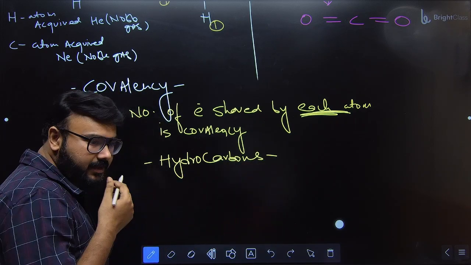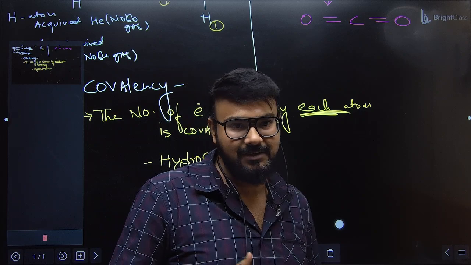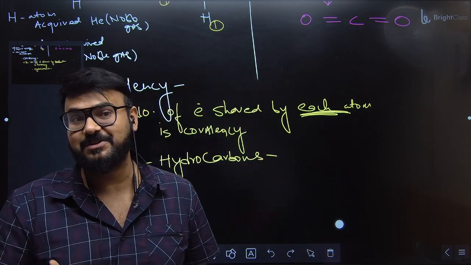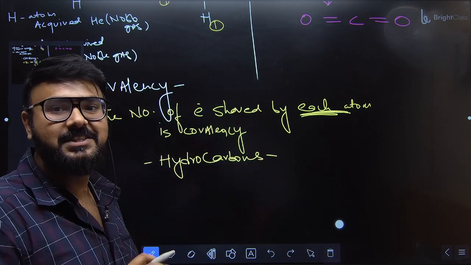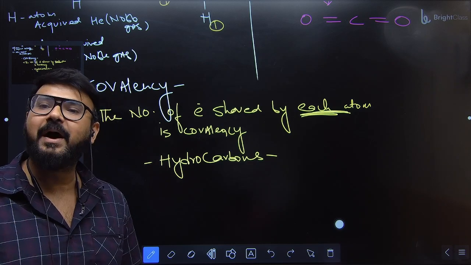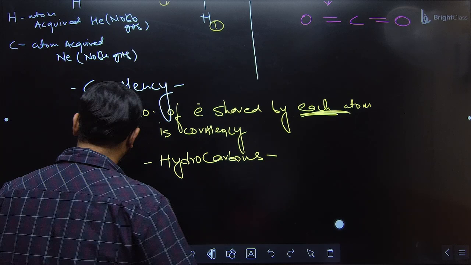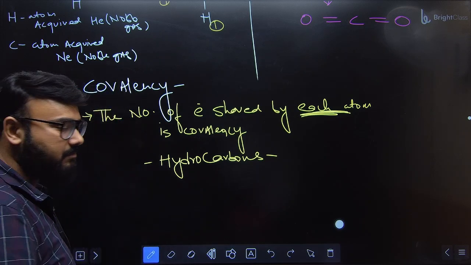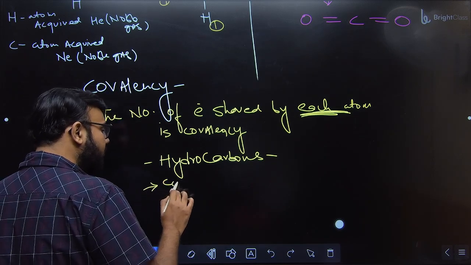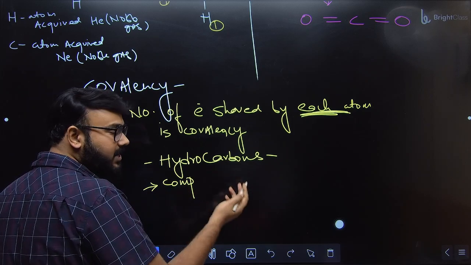See, for every Batman there is a Robin. For every carbon there is a hydrogen. Keep that in mind. So when we say compounds of carbon, by default hydrogen will be coming up. So we call them hydrocarbons. Write down: hydro means hydrogen, carbon is carbon.